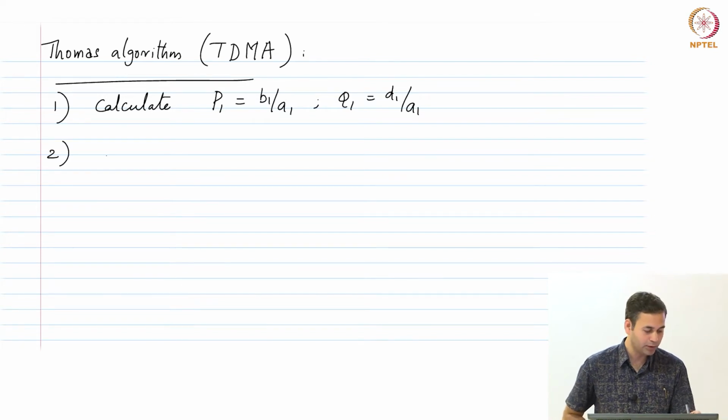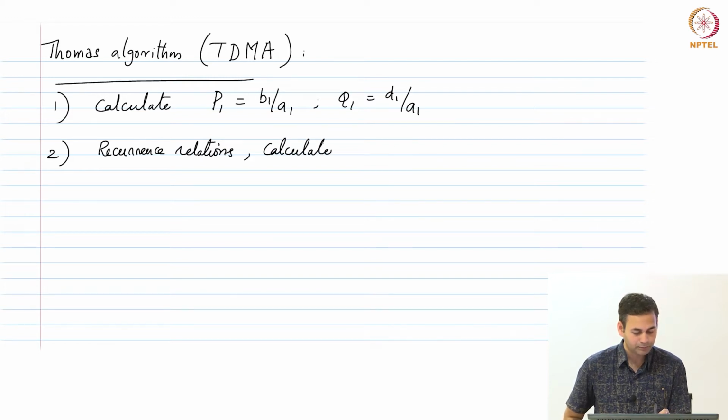Then you use the recurrence relations and calculate Pi, which is given by Bi upon Ai minus Ci Pi minus 1.